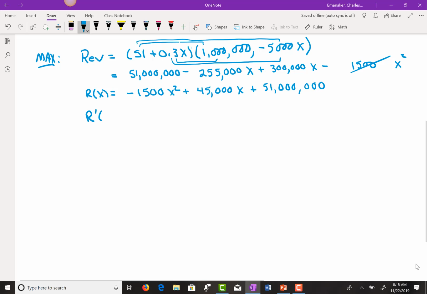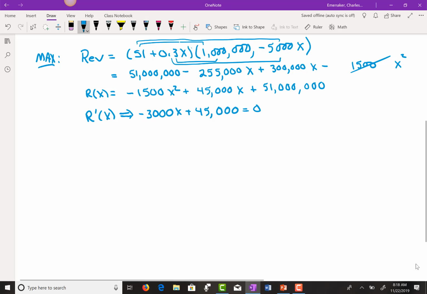So I'm going to compute the derivative, which is going to be negative 3,000x plus 45,000. And when I take this derivative, I'm going to set it equal to 0.